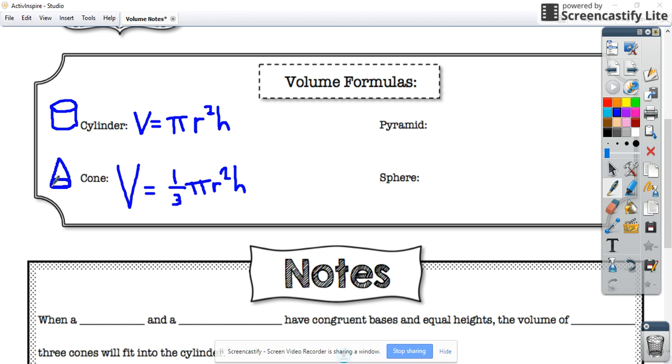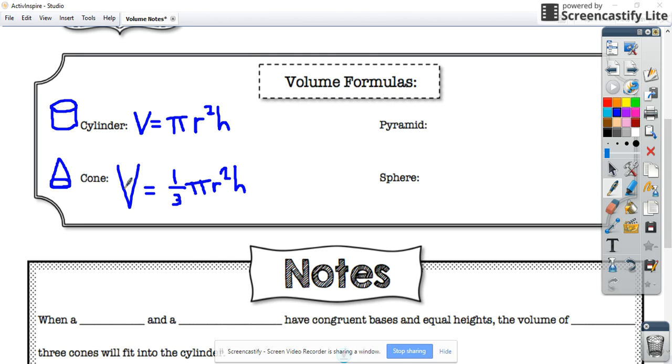It's not a very good cone, but you get the idea. They both have a circle base. See how the top and the bottom of a cylinder is a circle? See how the bottom of a cone is a circle? That's where the pi r squared comes from. That's the area of a circle. And then the other components are the height, which is how tall it is.